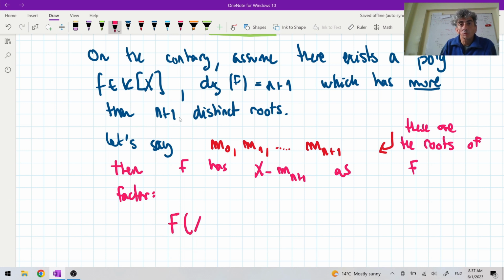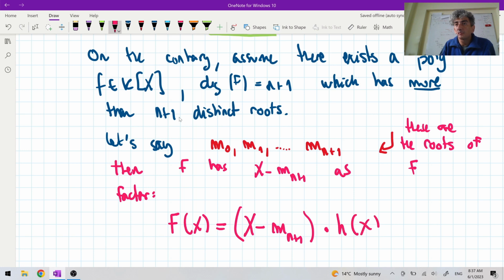So what we have now is that f can be written as x minus m sub n plus 1 times a polynomial h of degree exactly 1 less than f.